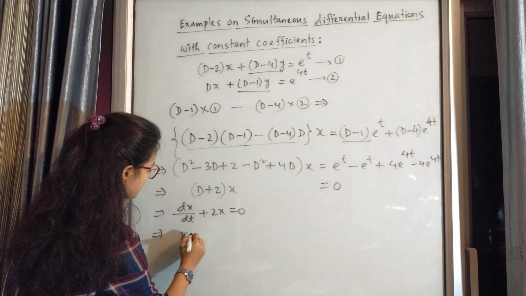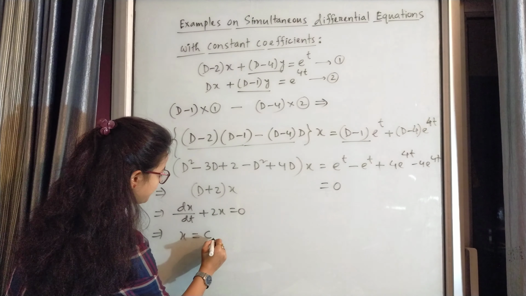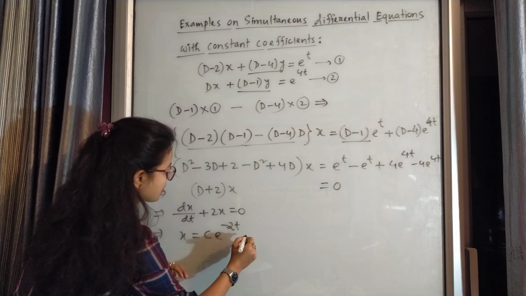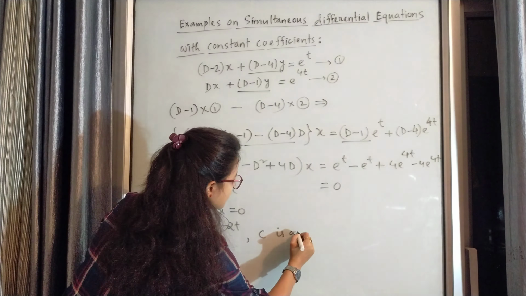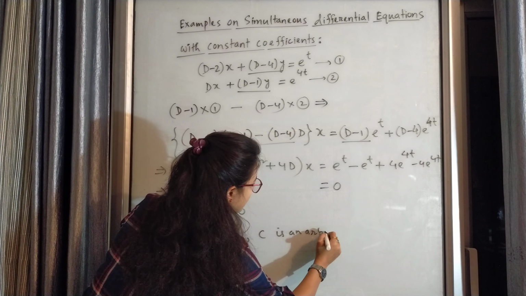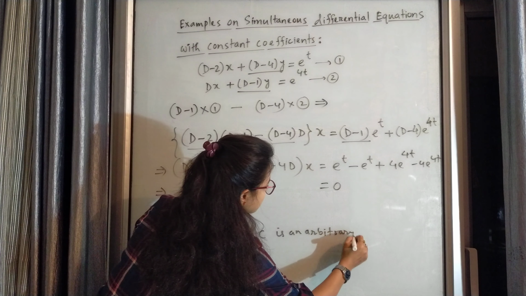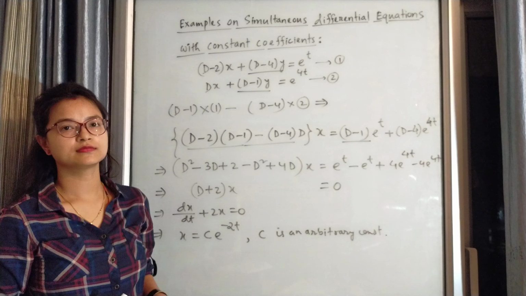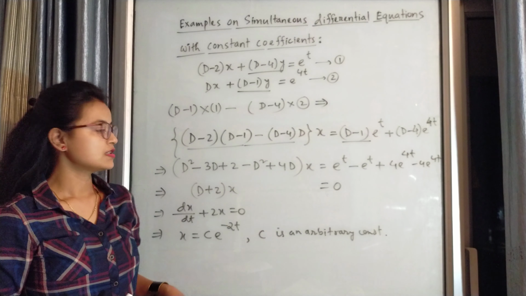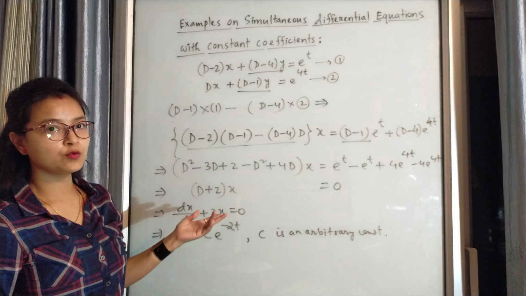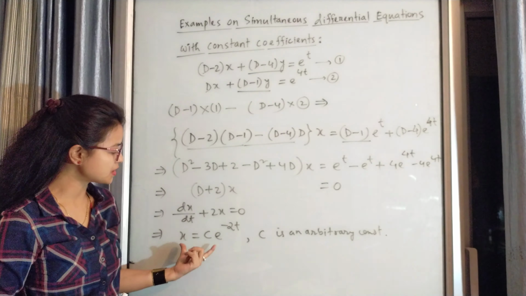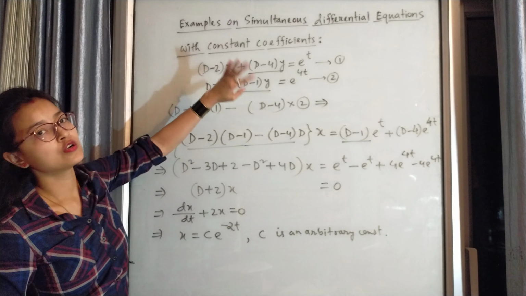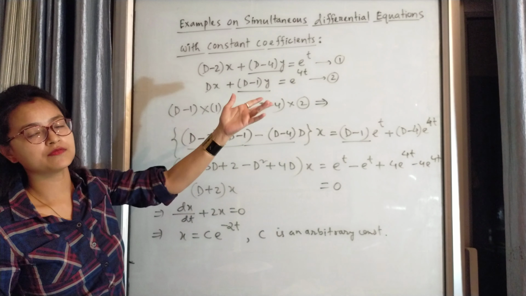After solving this, you will get x = c e^(-2t), where c is an arbitrary constant. Now to obtain the other dependent variable y, we can substitute this value of x in any one of equations 1 or 2.